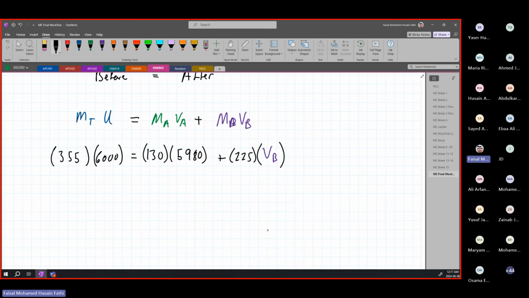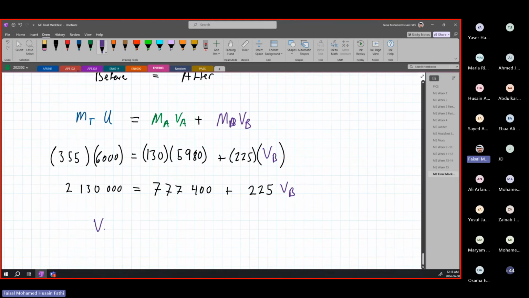So when we multiply these two, you get 2,130,000 is equal to 130 times 5,980, which is 777,400, plus 225 VB. Rearranging this equation, VB is equal to, just algebra, all right? Move this to the other side.